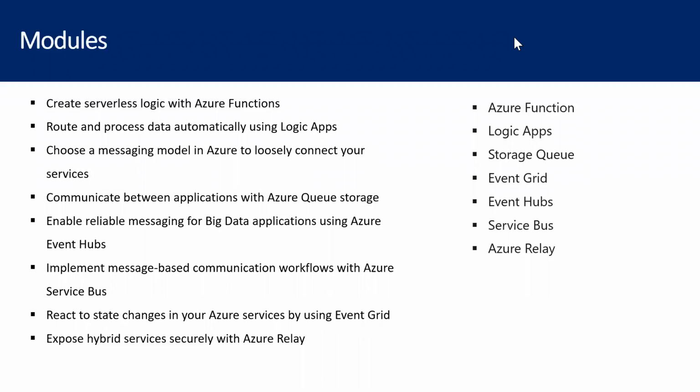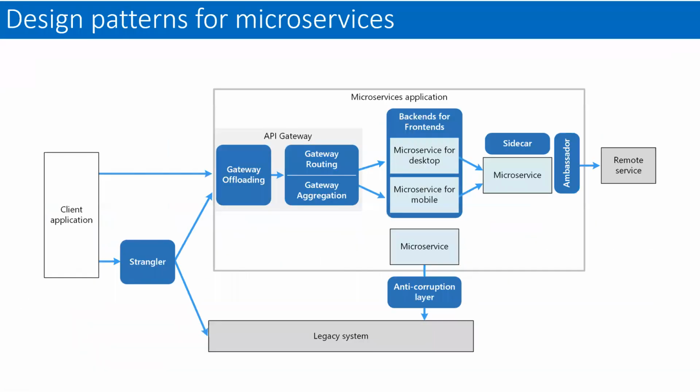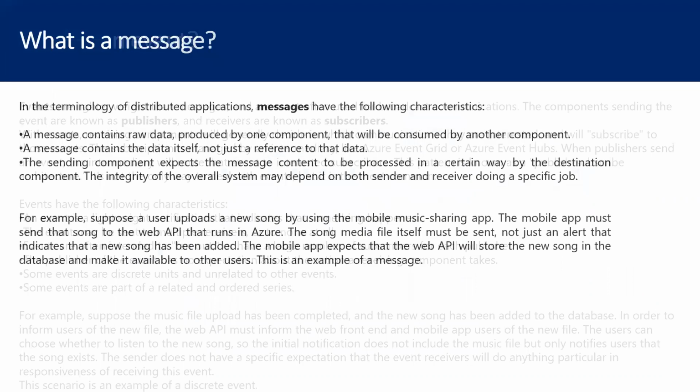Before getting to this messaging topic, we just need to understand what messaging is and what an event is. So we need to understand the difference between messaging and event.